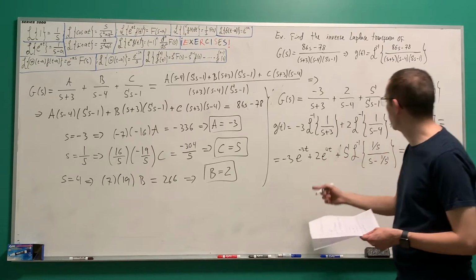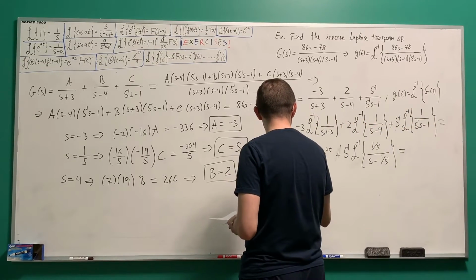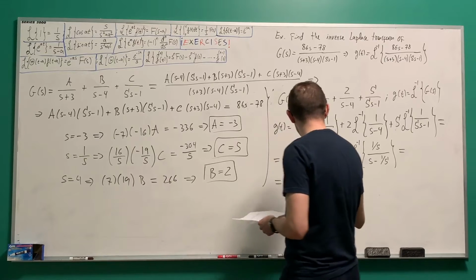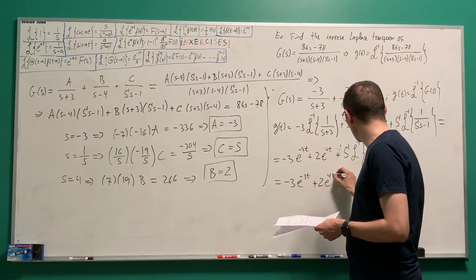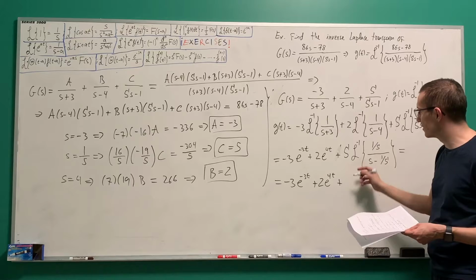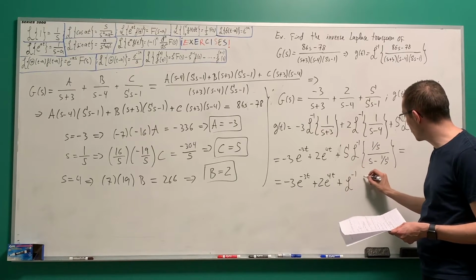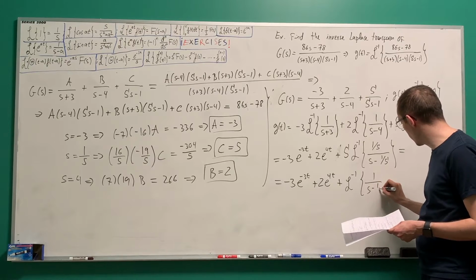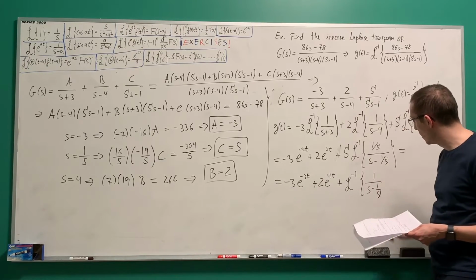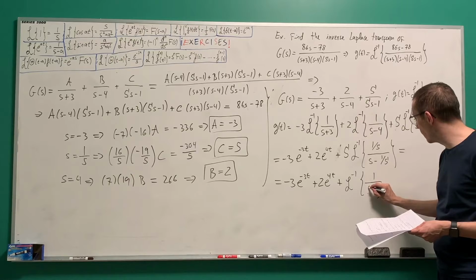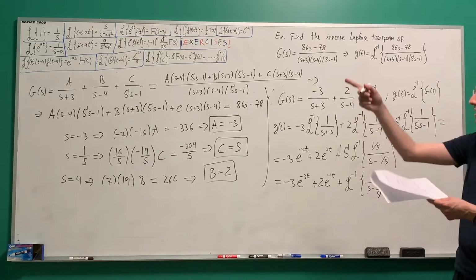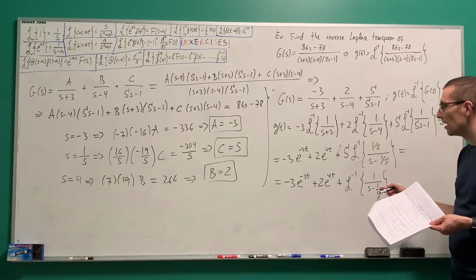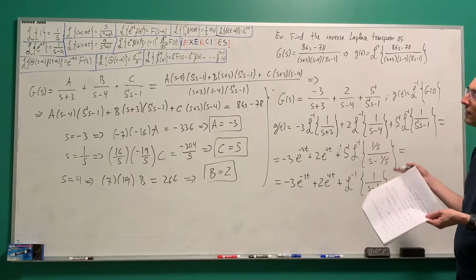Now I can take the 1 over 5 out, and I get minus 3 e to the minus 3t, plus 2 e to the 4t, plus 1 over 5 cancels the 5, inverse Laplace of 1 over s minus 1 over 5. And that thing now is definitely in the exponential form. This is e to the 1 over 5 t.